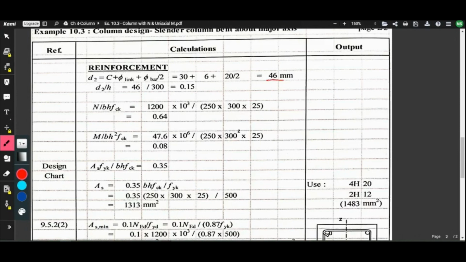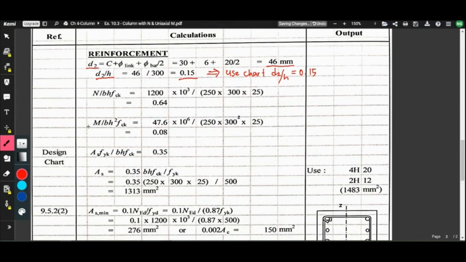We get d2 is 46 mm. So d2 over h is 0.15. Yeah, so use chart d2 over h equals 0.15.